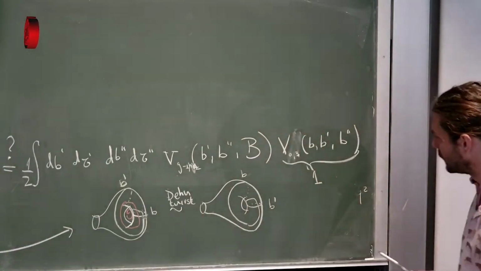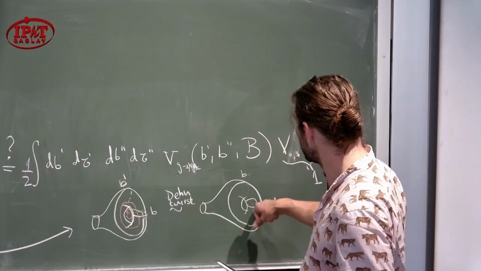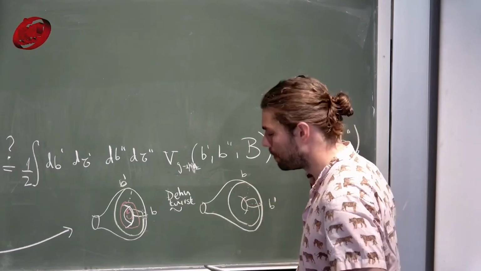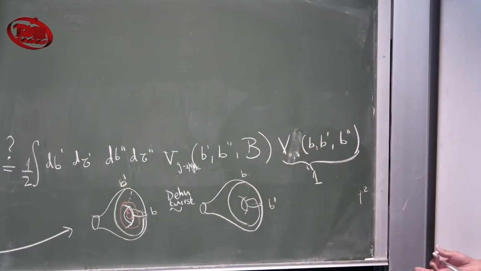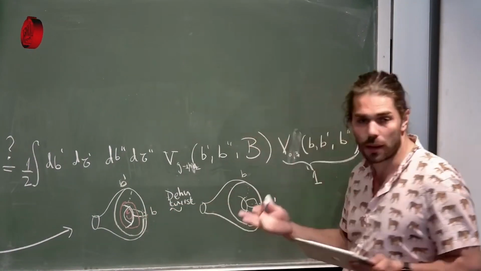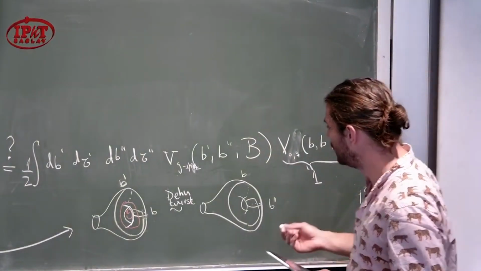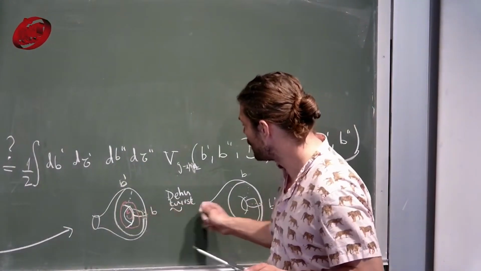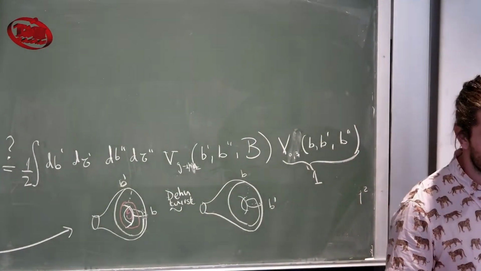So, in other words, even though here the geodesics of length b prime and b are in different homotopy classes, a Dehn twist can relate the two geometries. Which means that these two geometries should be identified as the same in the gravitational path integral.